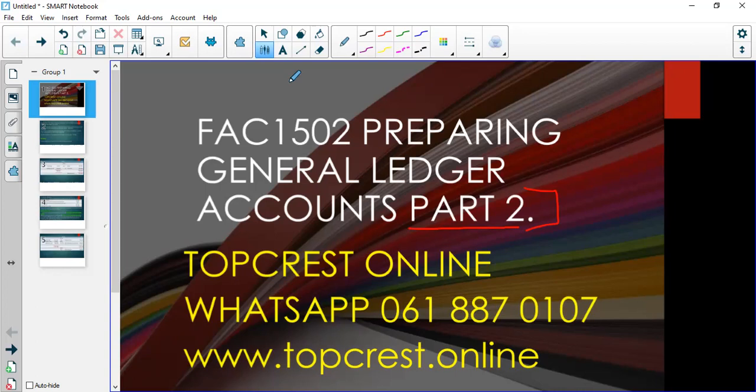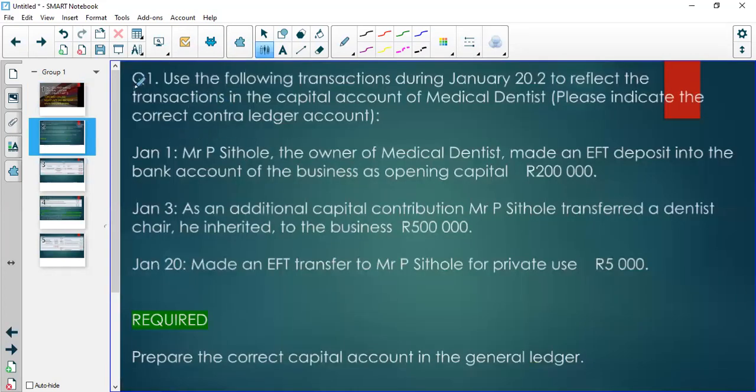So you will remember that the capital account is where we record the permanent contribution of the owner. If the owner makes contributions, whatever form they are, they're going to be recorded on the credit side of the capital account. We have 2 questions. The first question is based on the transactions above and requires us to prepare the correct capital account in the general ledger.